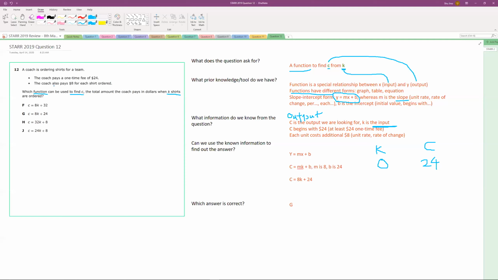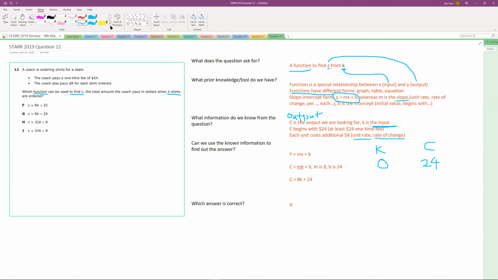And we also know the coach pays $8 for each shirt ordered. So that means each unit costs an additional $8. That is the unit rate, or the unit rate of change. What does it mean?